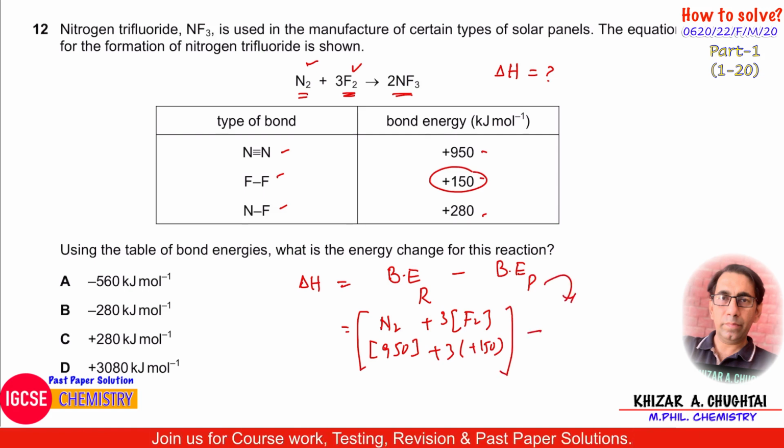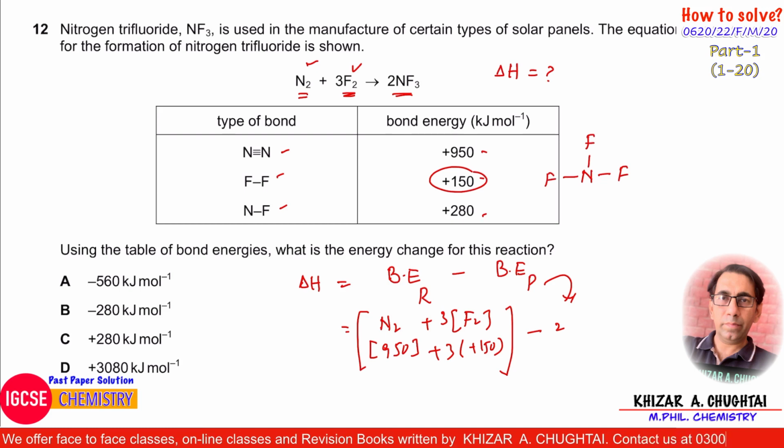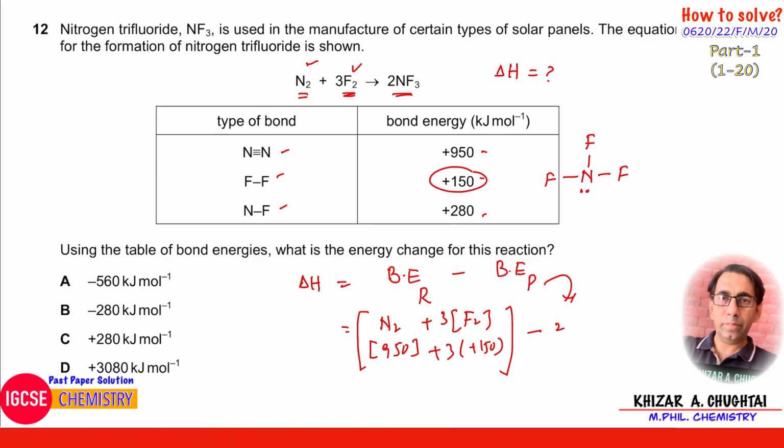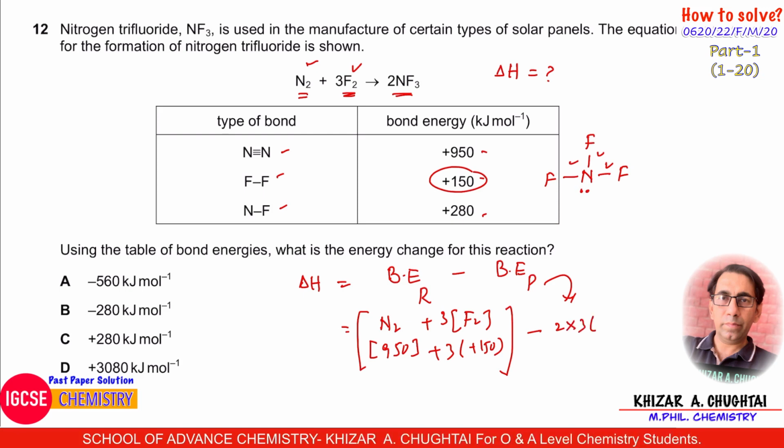Now it's time to put in the values of the product: 2 into NF3. I'm going to write the structure of NF3 first. This is the approximate structure, not to scale or according to VSEPR theory. So 3 NF bonds are here, into 3, then NF bonds.